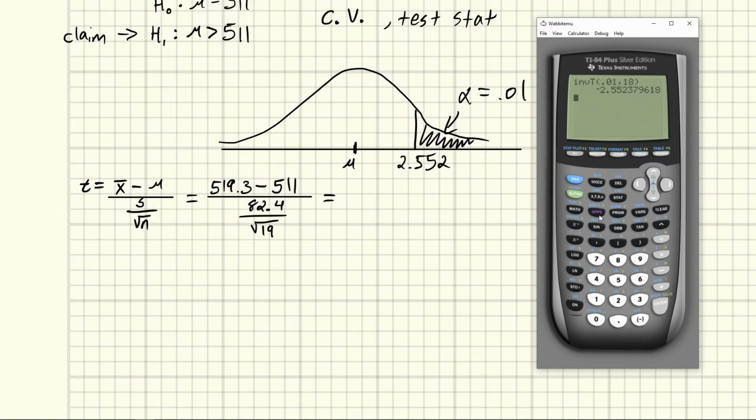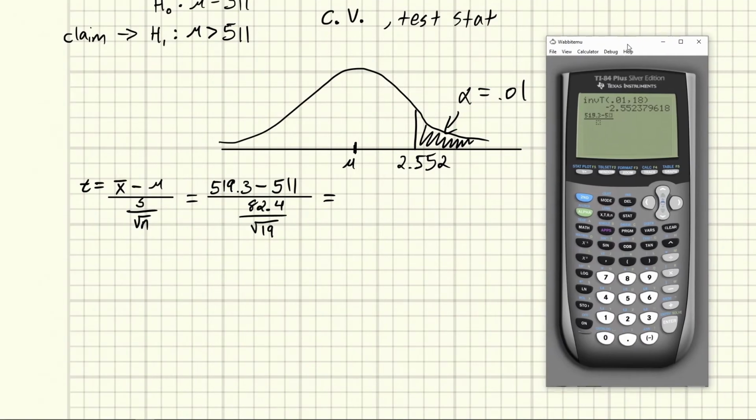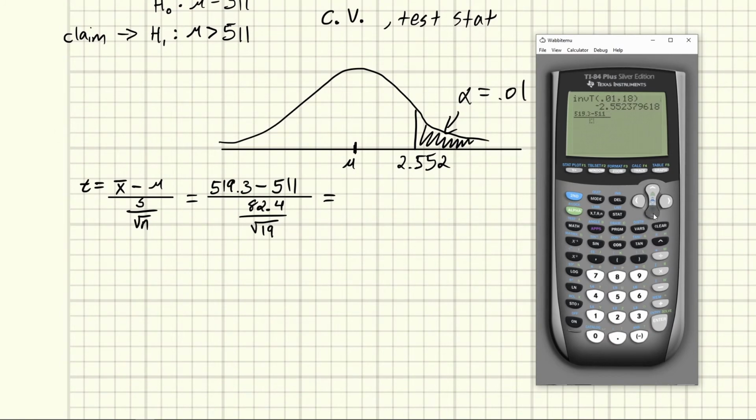So we need to type a fraction. So we hit the green key to get to the F1 menu up here. So hit this y equals. And we want the first one. And we're going to do 519.3. I explained that in a lot of other videos, so I'm going a little quicker here just because I tend to explain it a lot. Minus 511 divided by, we need another fraction.